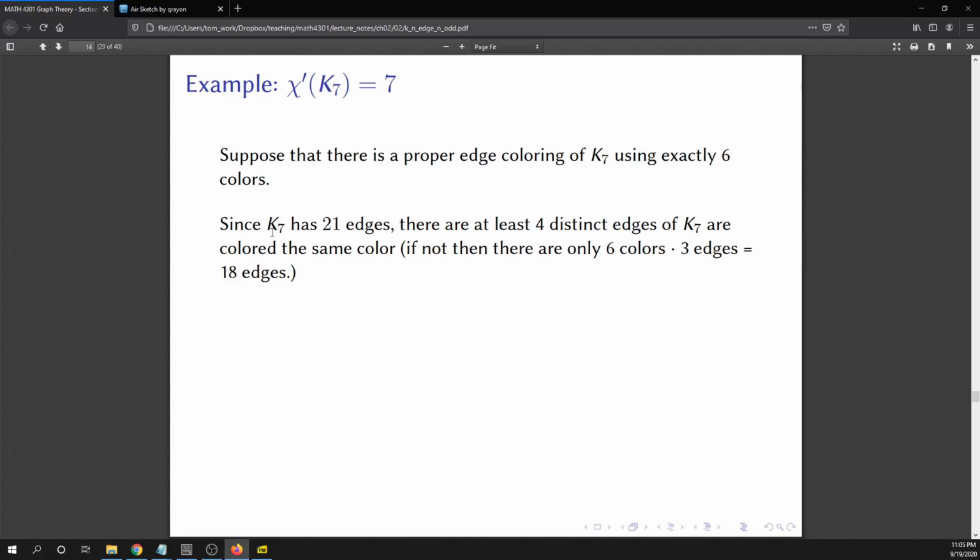All right, so K7 has 21 edges, and so there have to be at least 4 distinct edges of K7 that are colored the same color.